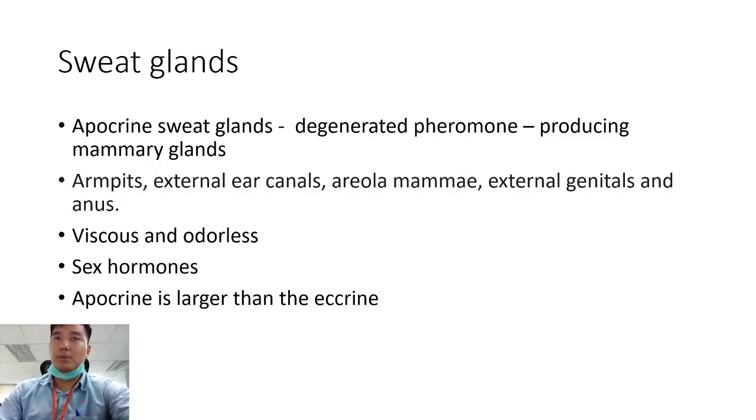These are places that have a little bit of smell. Actually, what is produced from the gland is viscous and odorless, but it has a sex hormone inside as a pheromone. The apocrine sweat gland is larger than the eccrine sweat gland.